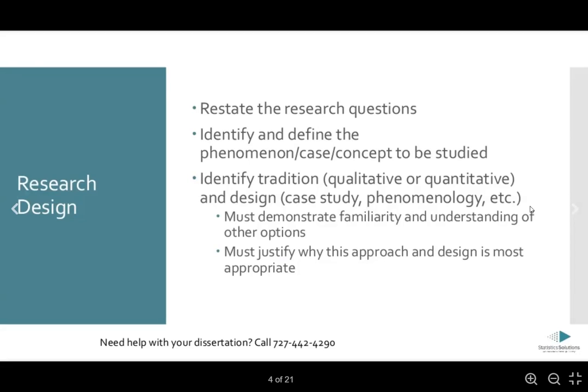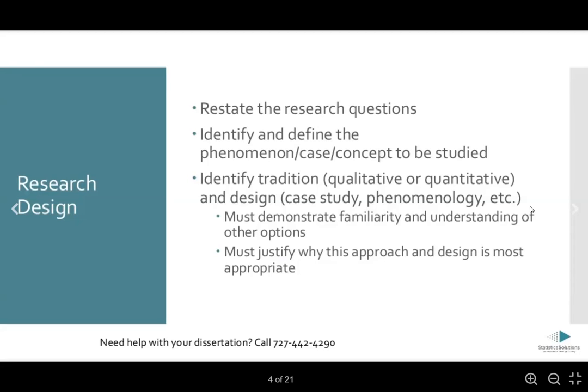Next, you will want to do the same thing, but this time for the particular research design. So first you identified the type of research method you're using, in this case, qualitative. Now you're going to talk about the different designs within the qualitative method and identify and justify why it's most appropriate for your particular study.